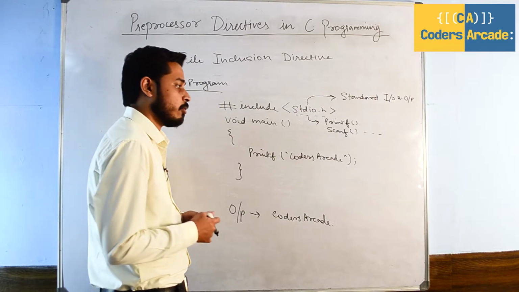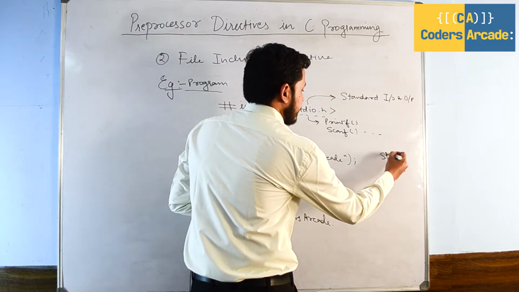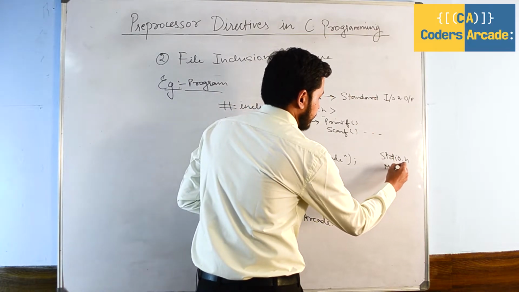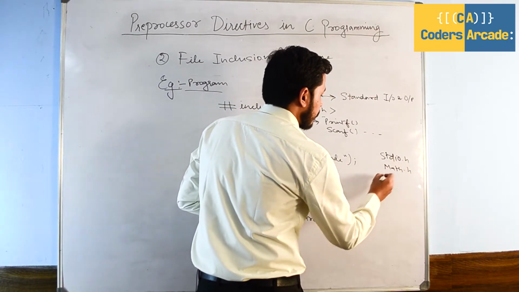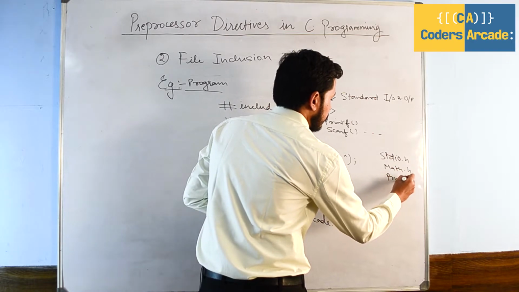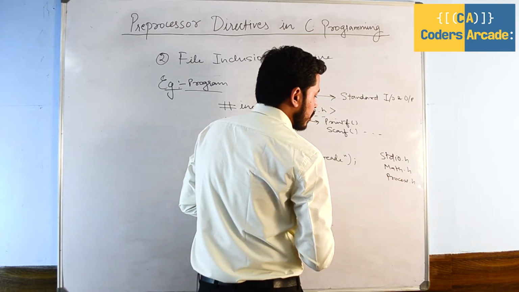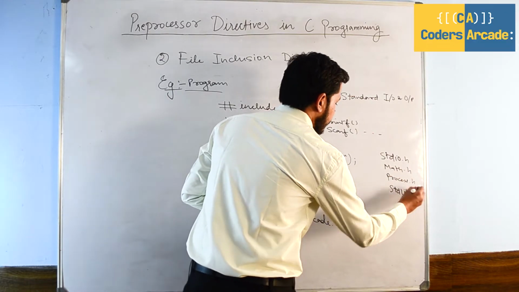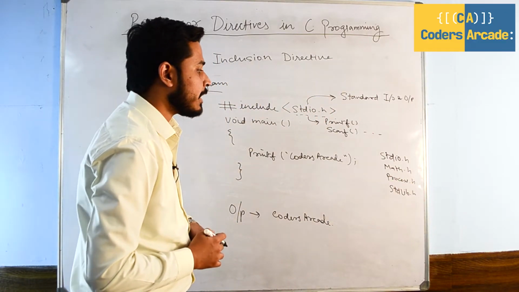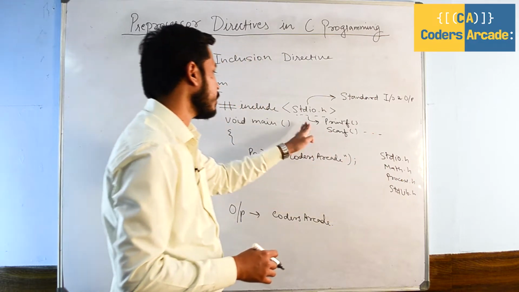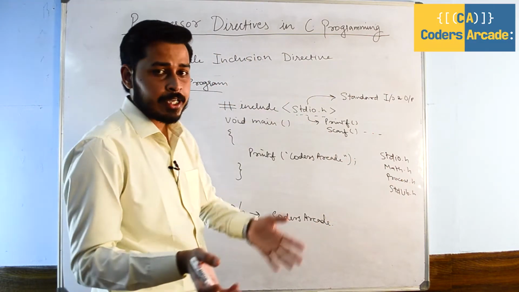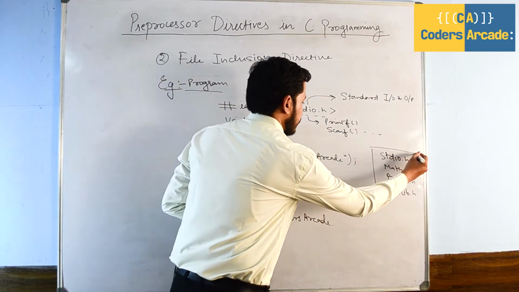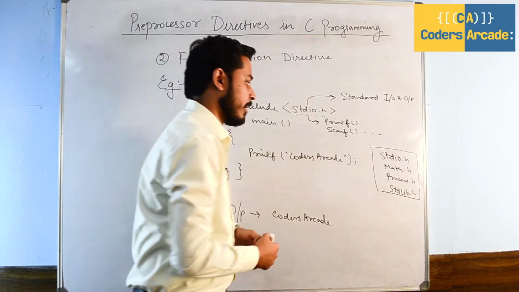As I have told you before, stdio.h is one, math.h is another, process.h is another, stdlib.h is another. So these are the various files that you can include according to your program requirement. So these are the standard header files.